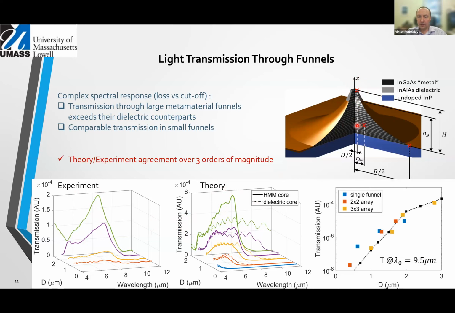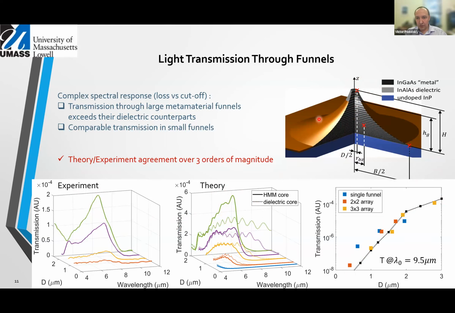And if you look at the transmission at the tip of the funnel at a particular wavelength, as a function of this diameter, you can see that our predictions and experimental results agree over multiple orders of magnitude. So we are pretty confident that these structures behave exactly as we want them to behave.